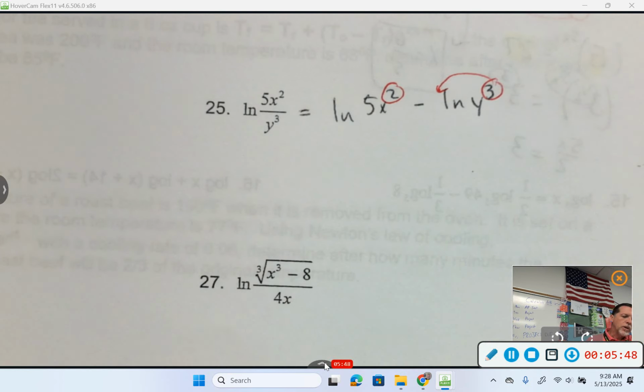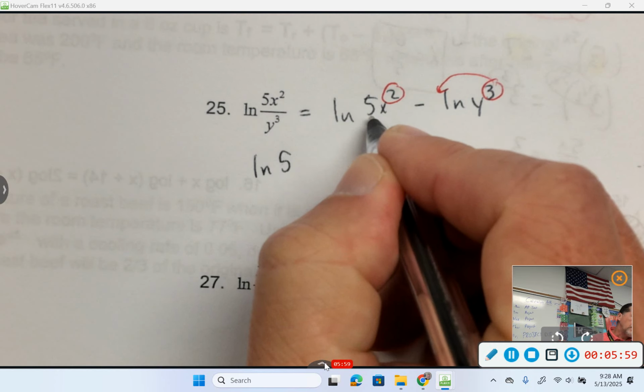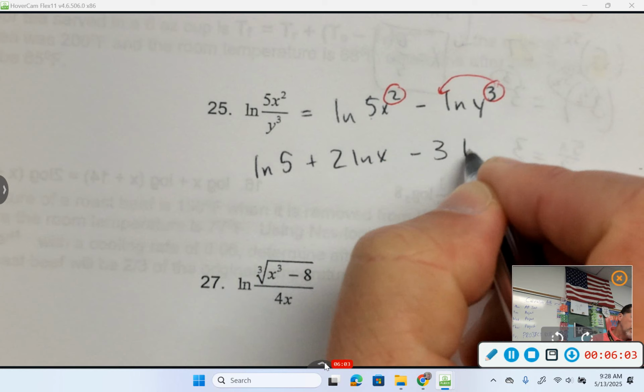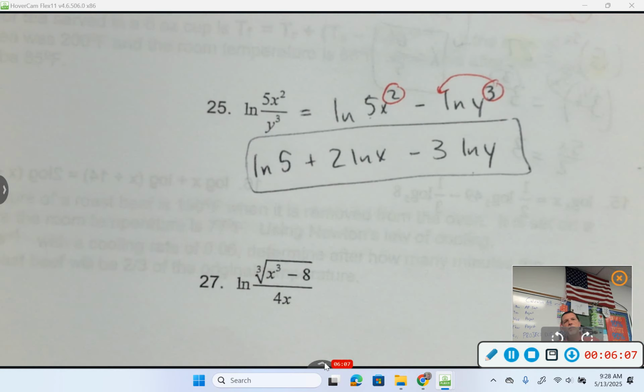What about that 2? It doesn't go to the 5, so I can't put it out front yet, but I could split up the 5 and the x squared and then put it out front. Like that. So the 2 can go out front, but only out front of the x, because only the x is being squared. 5's not being squared.